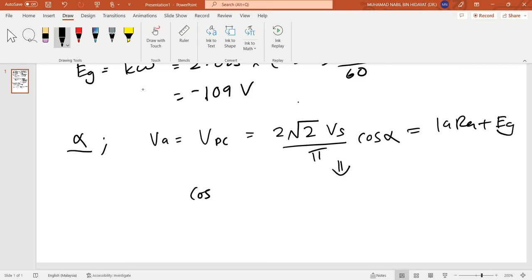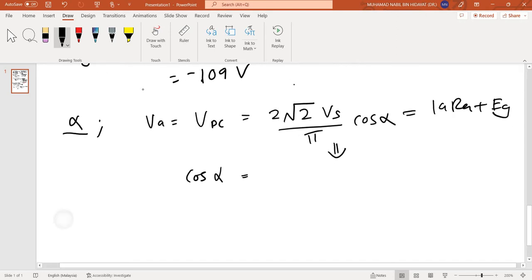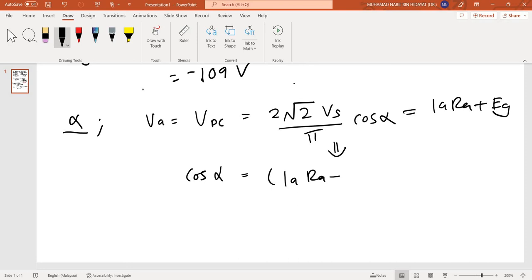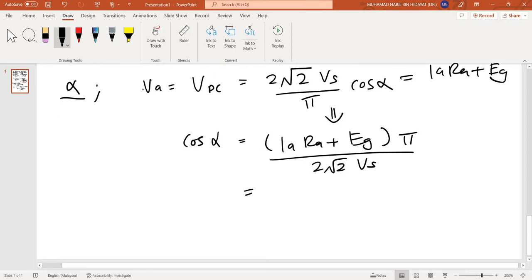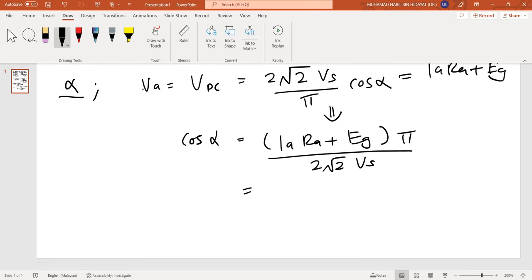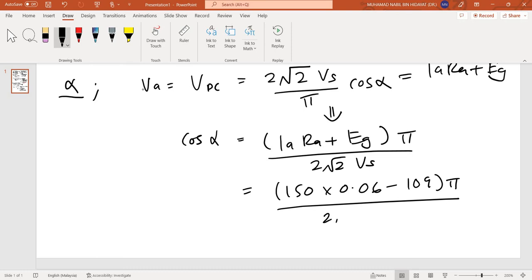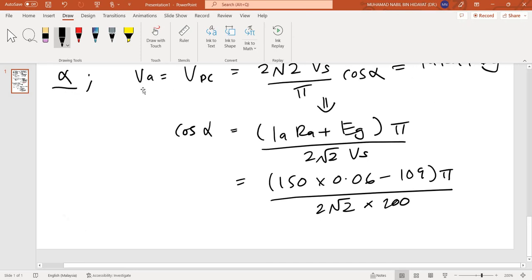So cos alpha is IA RA plus EG times pi over 2 Vs, and we put in the values: 150 times 0.06 plus EG, times pi, over 2 times 220.